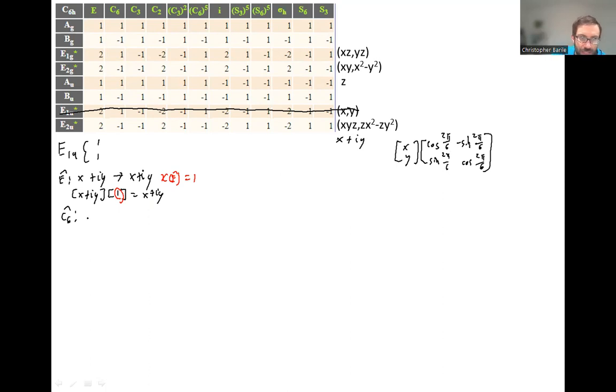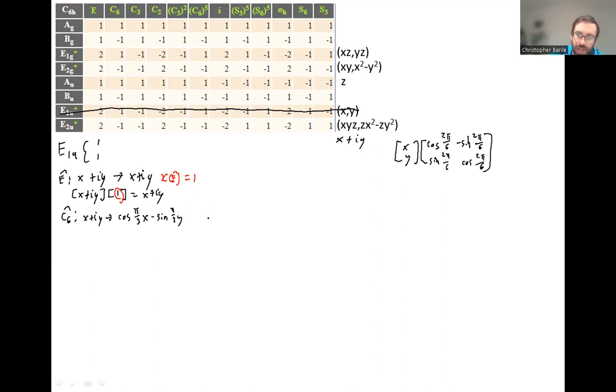And so what that tells us is that when we take x plus iy and we transform it with C6, the x component of this is actually going to go to cosine, I'm going to just write pi over 3, x, that's just simplifying 2 divided by 6, 1/3, minus sine pi over 3y. That took care of the x part, and then the iy part.